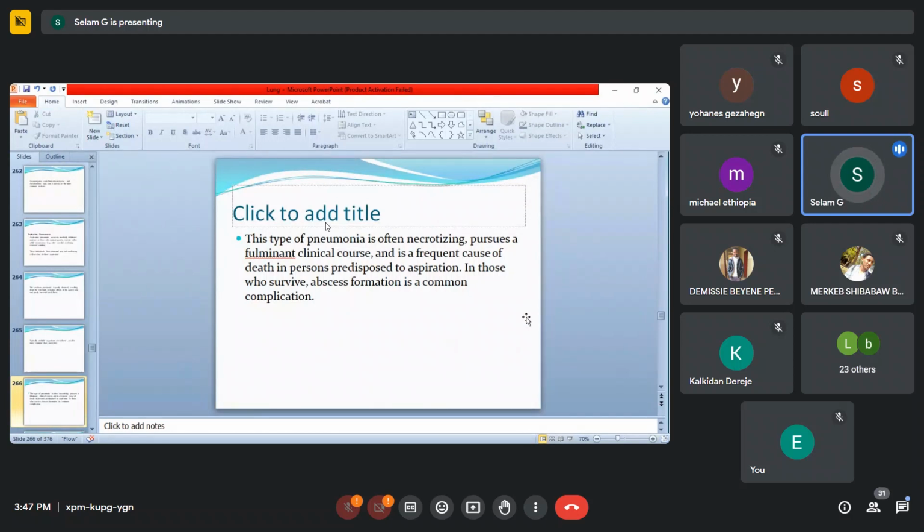So in patients who are unconscious for many reasons, such as stroke, accidents, or shock, to prevent aspiration, a nasogastric tube will be inserted into the stomach to prevent the risk of aspiration of contents into the lung.